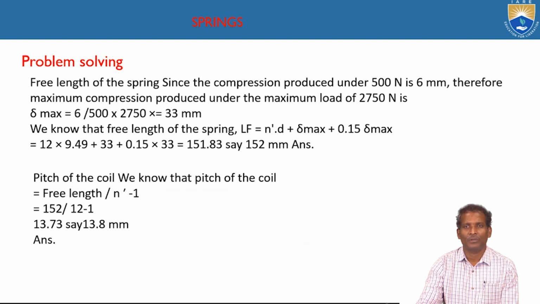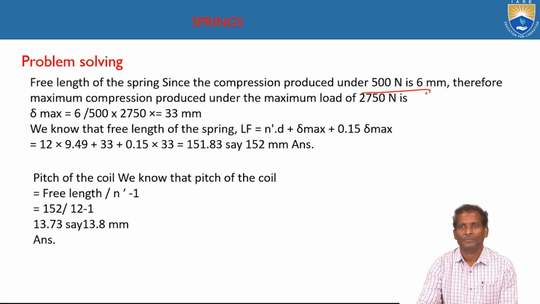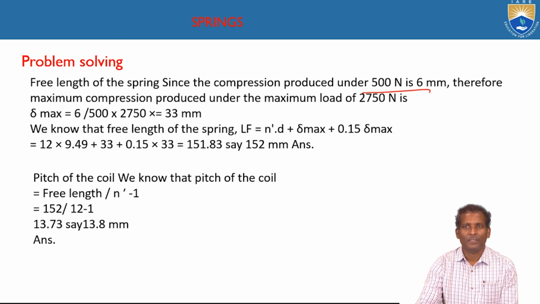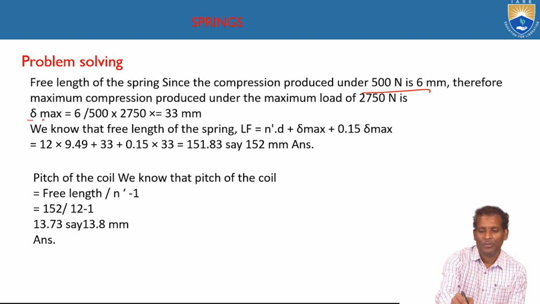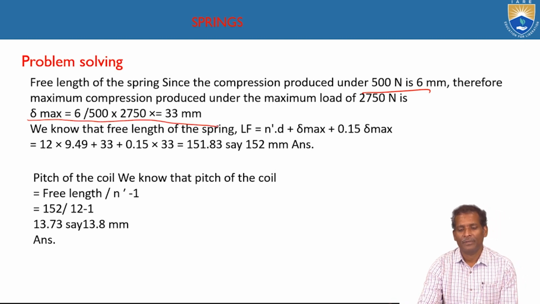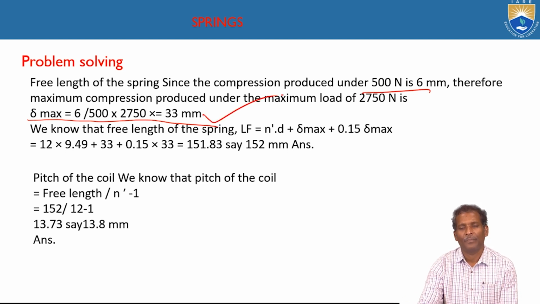Calculate free length of the spring. Since the compression produced under 500 newtons is 6 mm, therefore the maximum compression produced under the maximum load, delta max, is equal to 6 by 500 into 2750. You will get 33 mm.